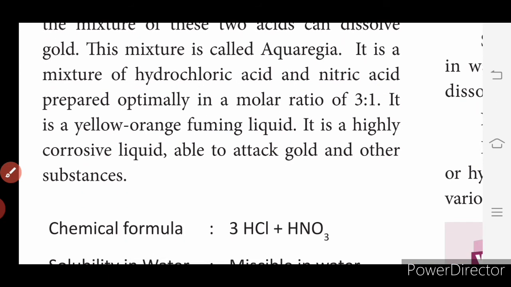The acid mixture which helps to dissolve gold and other substances is called aqua regia, a mixture of hydrochloric acid and nitric acid. In Latin it is called king's water, which helps to dissolve gold, platinum and palladium.